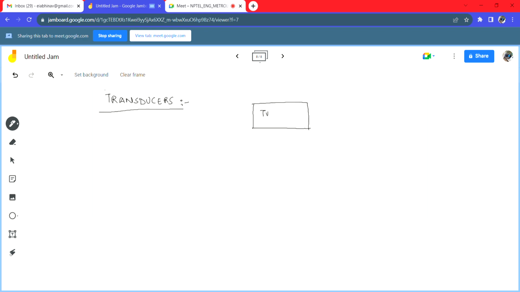Let us say this is a transducer, and I apply, say, a force over here. This is a force transducer. So what it will do is convert this force into electrical impulses, and it will help us generate analog voltage with respect to time. So every time there is a variation in the force, we see a variation in voltage.